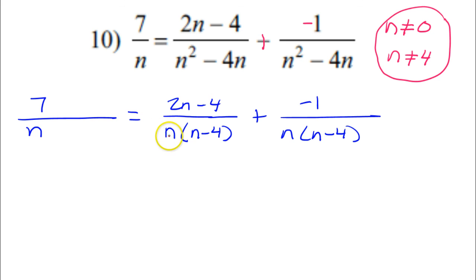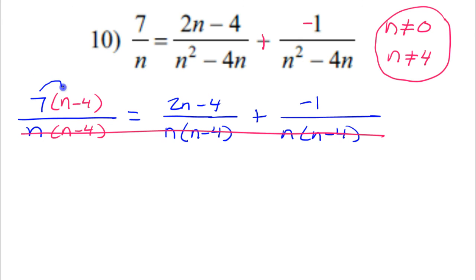All of the denominators have n. These two have n minus 4, which this doesn't have. So I can go ahead and put n minus 4 as long as I put it in the numerator and the denominator. Now all the denominators are the same, so I can cancel them out and make a new equation using the numerators.